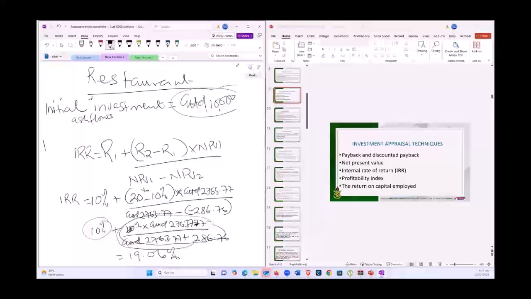If you wrote down what I said, I provided the steps involved in determining the internal rate of return. So if you go back to what you wrote down, you will see.